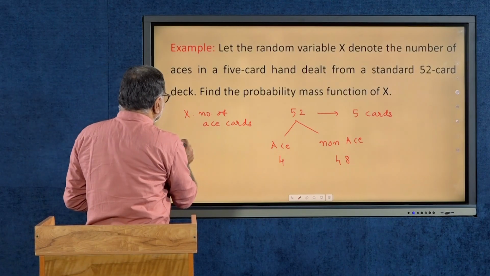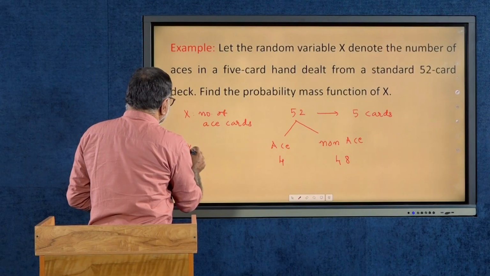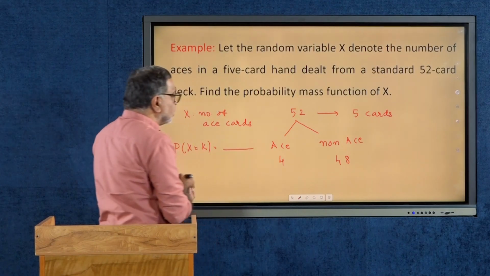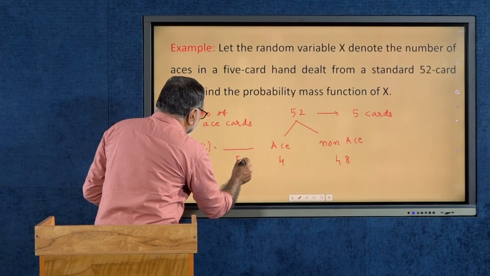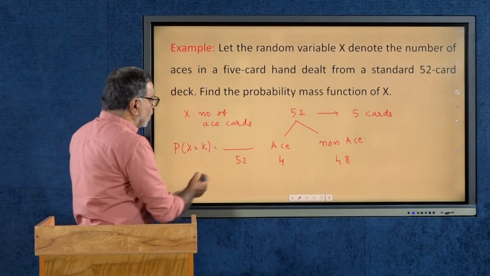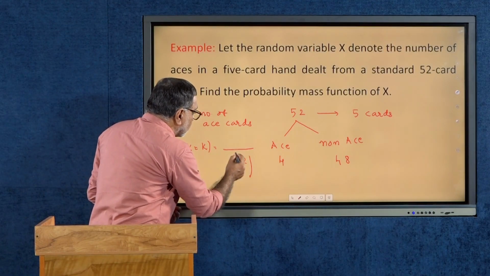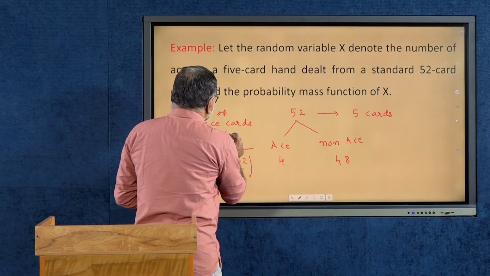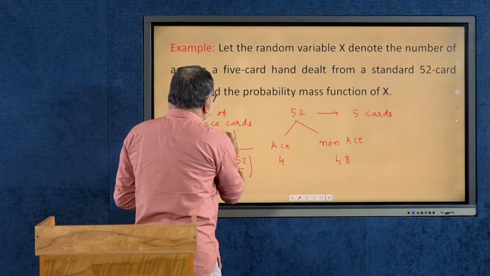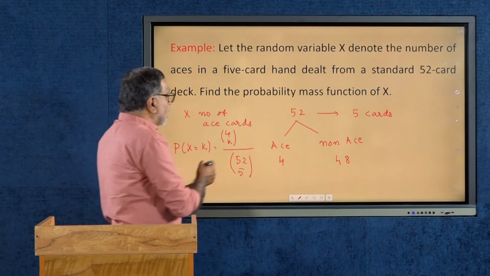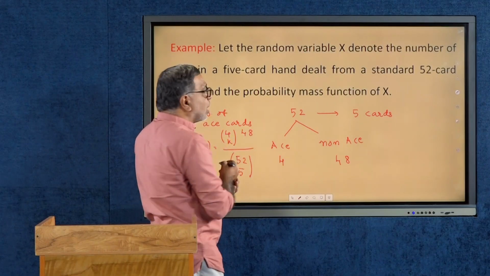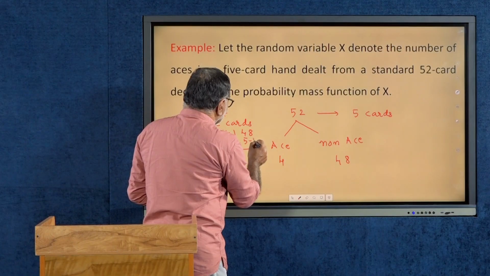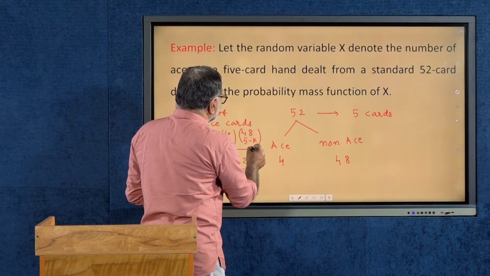So, what is the probability of X equal to k? Here also you just see what the total number of cases is. We have 52 cards in total, and how many cards are we selecting? 5. So the total number of cases is 52C5, of which 4 are ace cards, of which k are obtained: 4Ck, and from the 48 non-ace cards we are selecting 5 minus k cards.